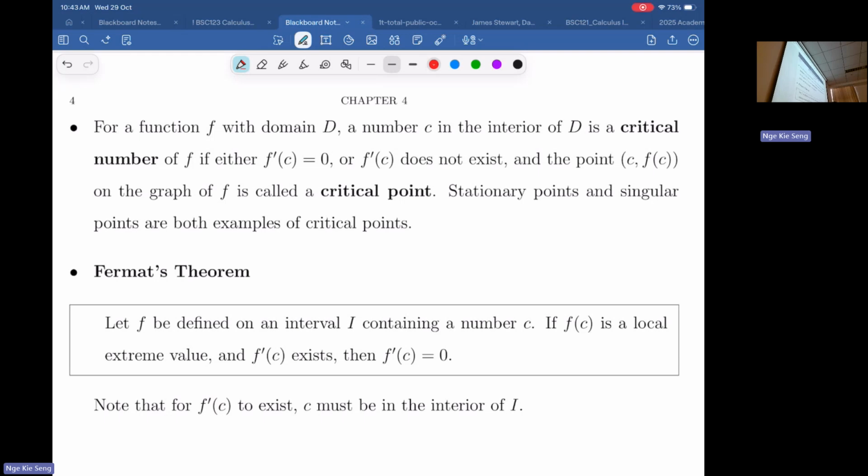But this theorem works the other way around. It just says that to be a local extreme value, you must at least have a zero derivative. It doesn't say that every point with a zero derivative is a local extreme value. You cannot say this direction is true also. So we need to do a little more work. First we check that the derivative at c is 0 if f prime c exists. Then we check whether it is a local extreme value or not.